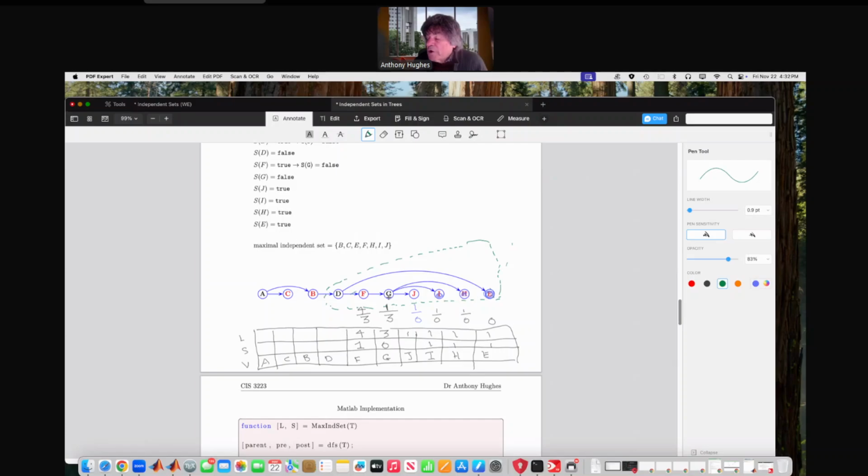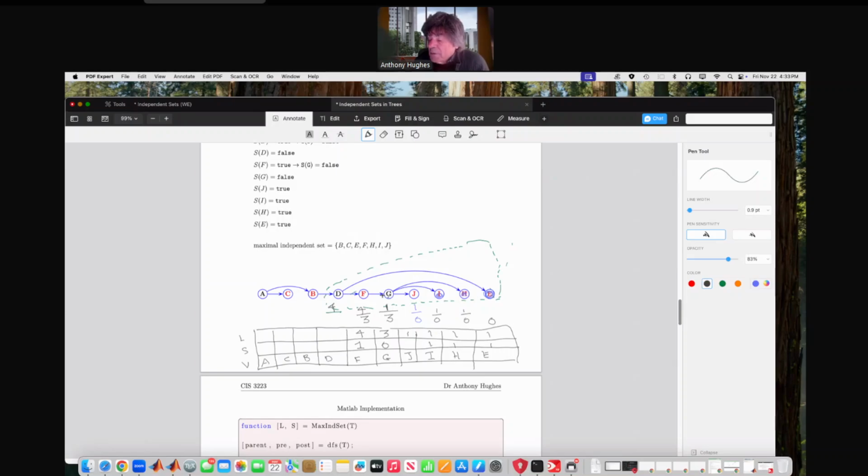Well, it's only got one grandchild, G. So G, we notice, is 3. We get 3 from the grandchild plus 1 from D. So if I include D, I get 4, because I get D and its grandchild.